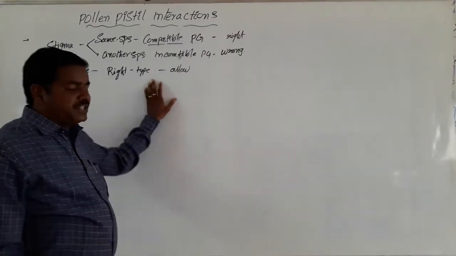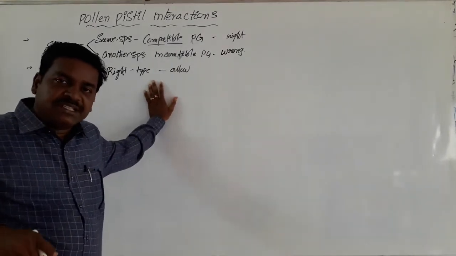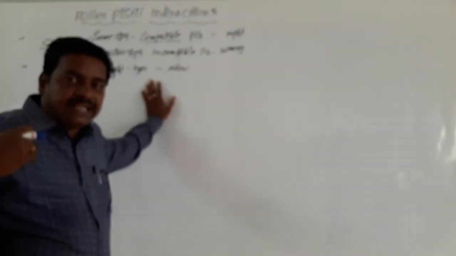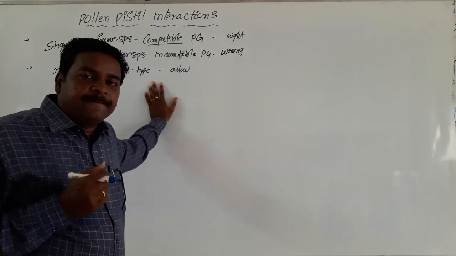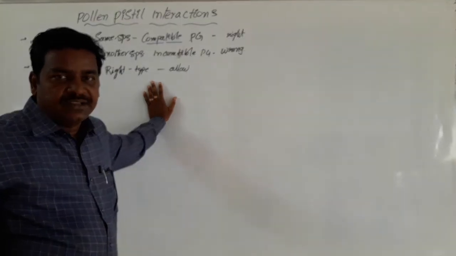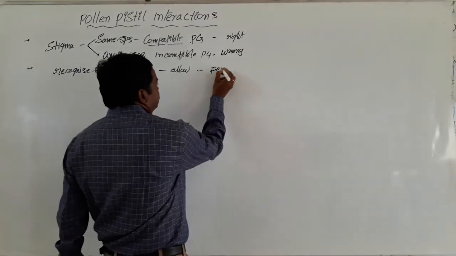So when the stigma receives the pollen grains of the same species, it accepts the pollen grain and allows it to proceed to the events that lead to fertilization.